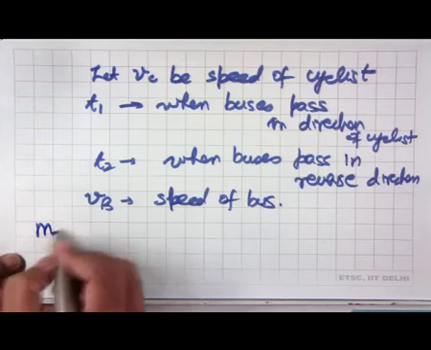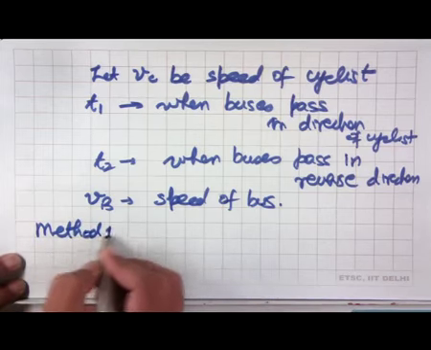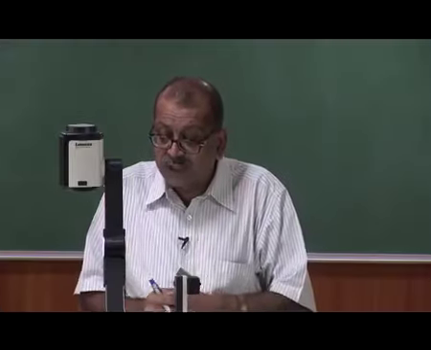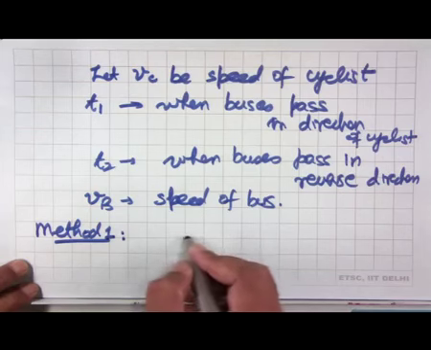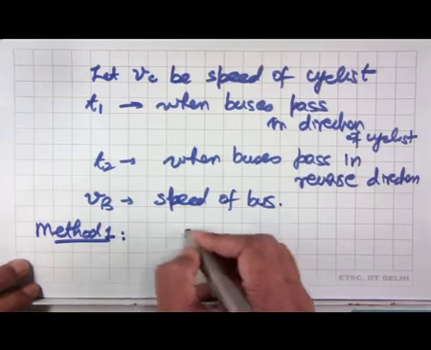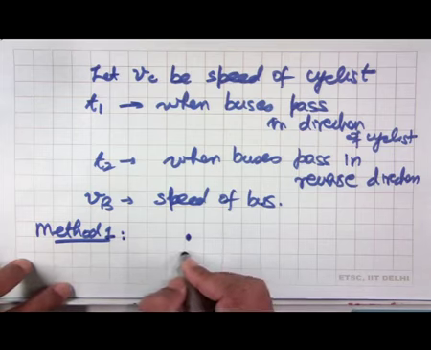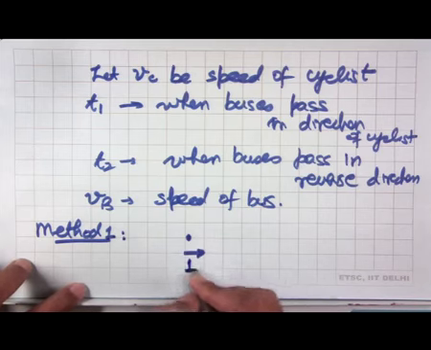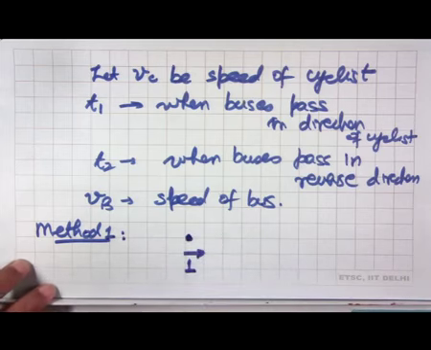We use method 1, where we will analyze everything in a fixed frame of reference. Let us say the cyclist is at some position and one bus passes him. So, bus number 1 passes him and the cyclist is at t equal to 0.